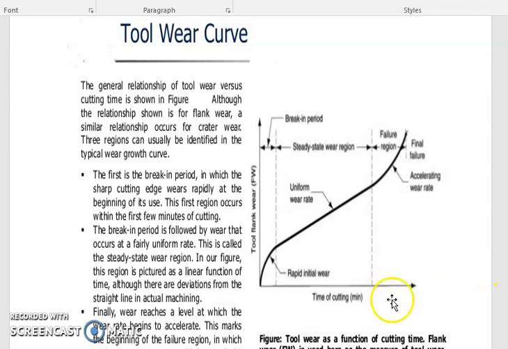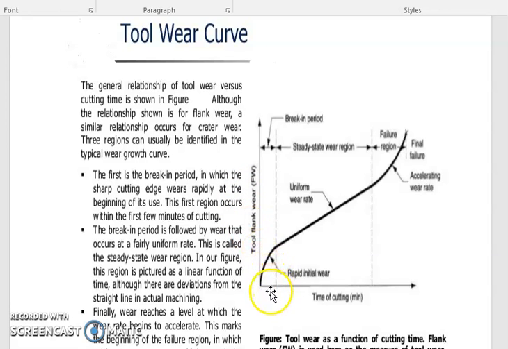So we have plotted a graph. On the x-axis we have the time of cutting, and the corresponding tool wear, let's say flank wear or crater wear. We are plotting flank wear right now. Similar behavior will also be shown by crater wear.